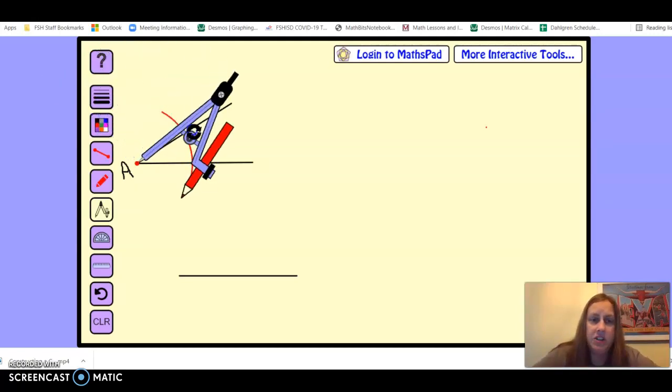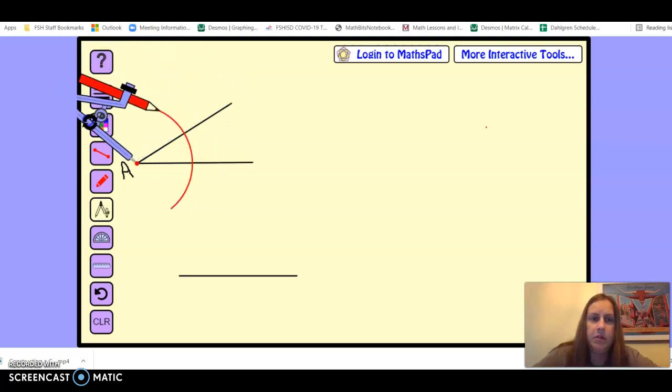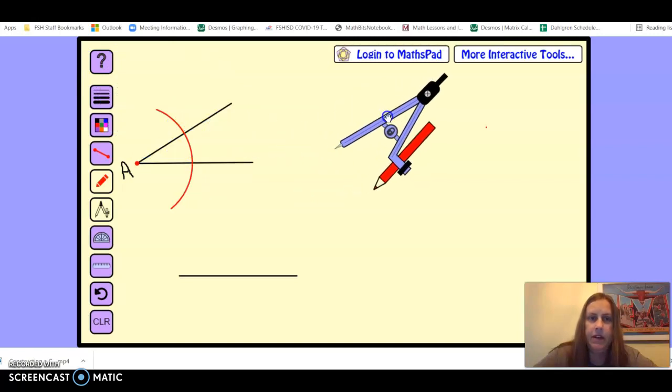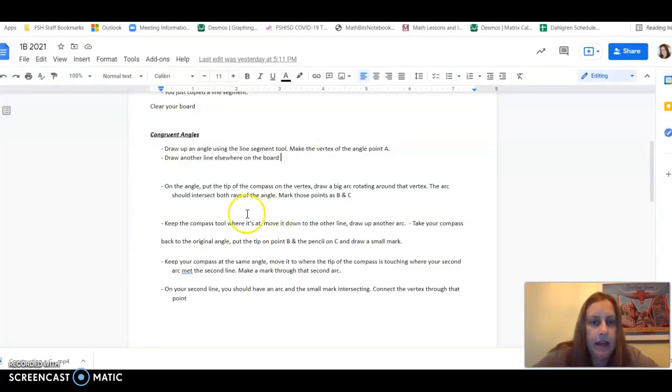With this arc, make sure, again, it goes across both rays, because you're going to need that. Okay, so we've got our arc. I'm going to label those points B and C. So here's B, and there is C.